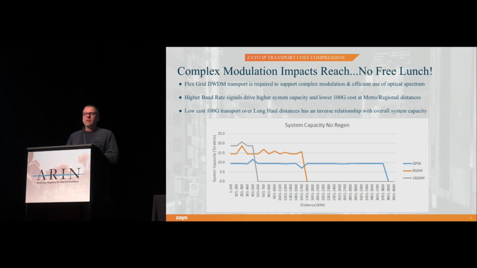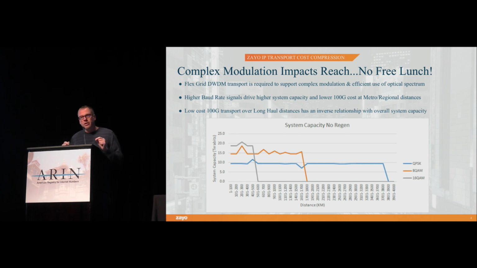The thing that's driving this cost compression is different kinds of modulation. The modulation schemes have complicated sounding names like QPSK or 16 QAM. Let me just translate it into how much capacity per channel. The current most common bandwidth out there today is QPSK, which is a 100 gigabit channel. 8 QAM is 150 gigabit, 16 QAM is 200 gigabit channels.